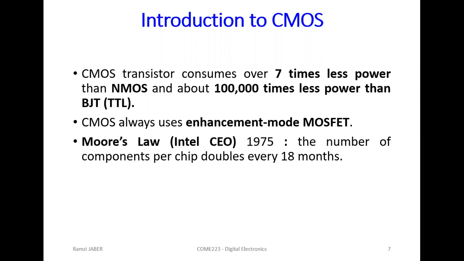And in 1975, Moore, the Intel CEO, said that the number of components per chip will double every 18 months. Every 1.5 years, the transistors inside any chip will be doubled. It was true till 2011 or 2015.